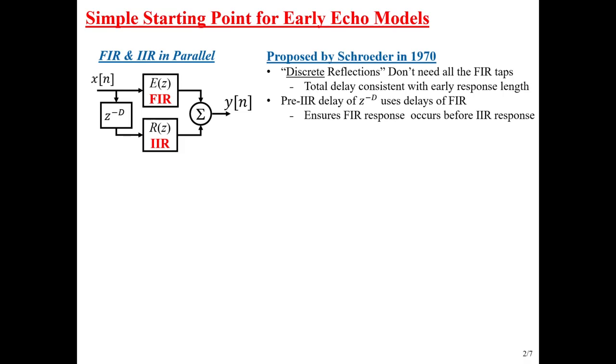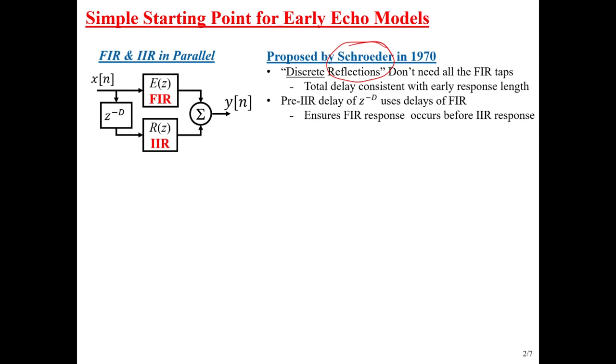I have mentioned that Schroeder's papers back in 1962 and 63 were the starting point of all this digital modeling of reverb. At that point, he didn't even really focus on any early echo issues. He was just trying to model the late reverb.